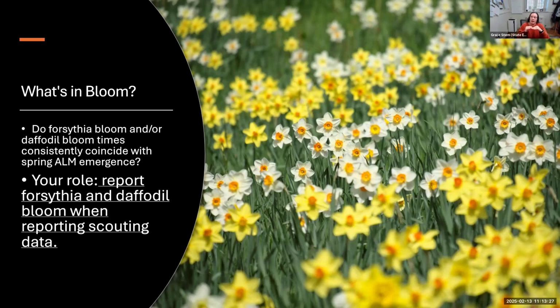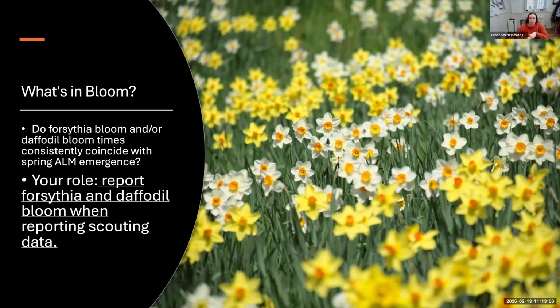And that will help me line up the dates of emergence and flight of Allium Leafminer with average bloom of daffodils and forsythias. And I know that for the majority of the volunteers participating in this project, it's very easy to identify daffodils and forsythias, and we have enough of them prevalent in the landscape that it is a really accessible tool.